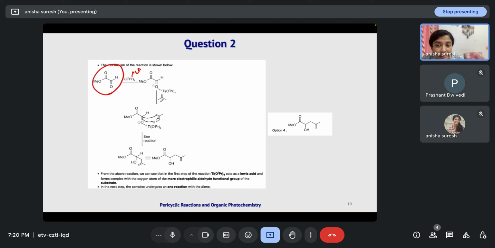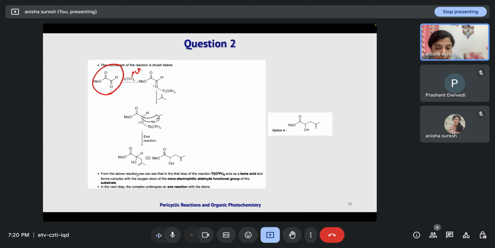We are having the ene component, so the ene component will react in this fashion. A carbon-carbon bond is formed between this carbon of the double bond and this carbon of the electrophile, and this hydrogen is shifted to this oxygen and a new double bond will be formed here. So the ene reaction will result in the formation of this as the final product.